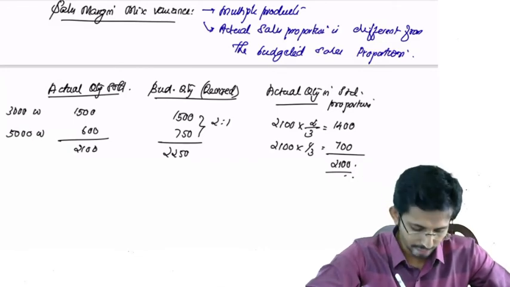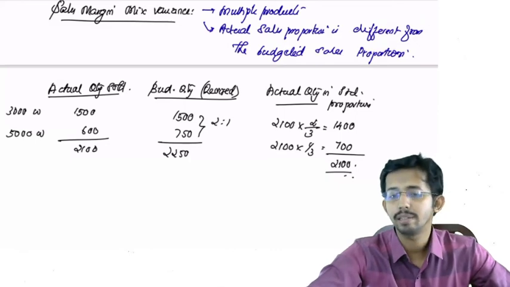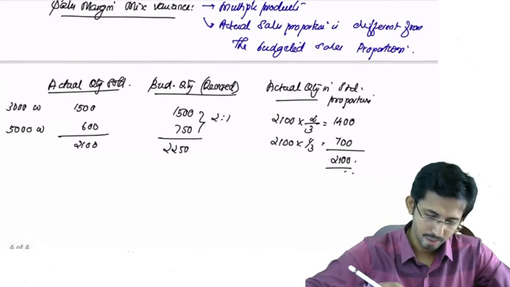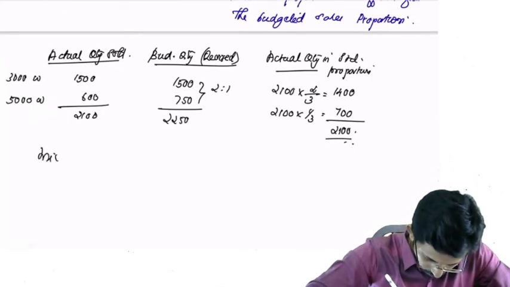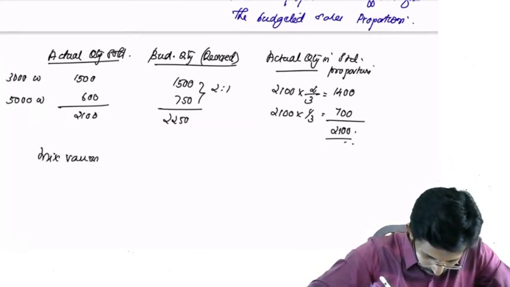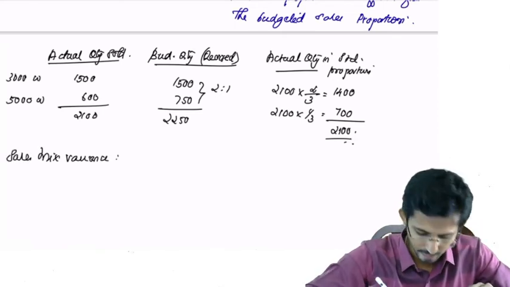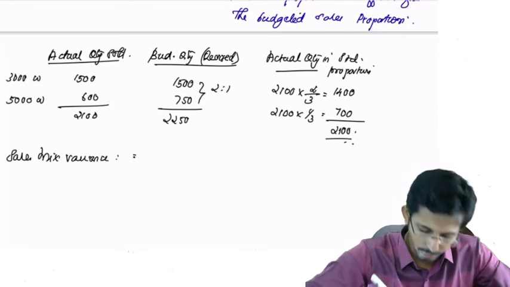Your actual quantity is 1500, vis-a-vis the standard proportion of 1400. Similarly, for the 5000 model, it is 600 to 700. So there will be a mix variance. Sales margin mix variance is equal to, how do you compute that?